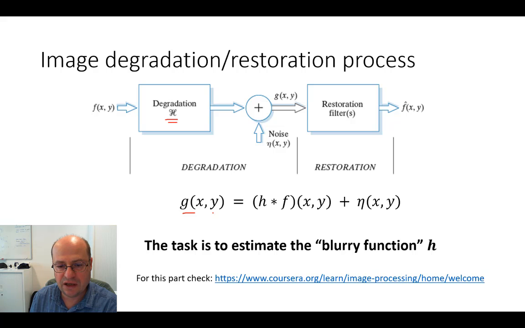Recalling that the image that you get is assumed to be the result of the original image convolved by a degradation operator, summed by a noise portion. This H is also called the blurry function, even though some of these degradations are not blurring the image, it's doing something else, but it's usually known as the blurry function.